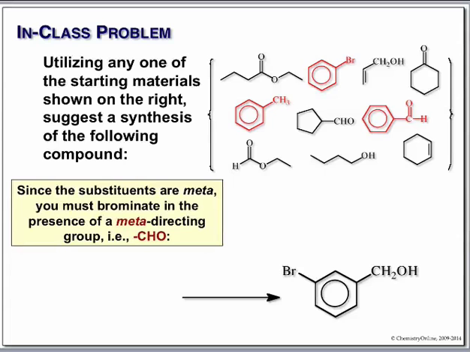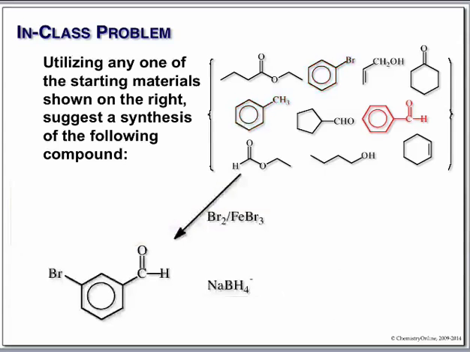Again, logically, once we have 3-bromobenzaldehyde, we can simply reduce the carbonyl to a CH2OH. Our first step is simply going to be the bromination of benzaldehyde to give 3-bromobenzaldehyde. And our second step is simply going to be the reduction of the carbonyl to the primary alcohol.